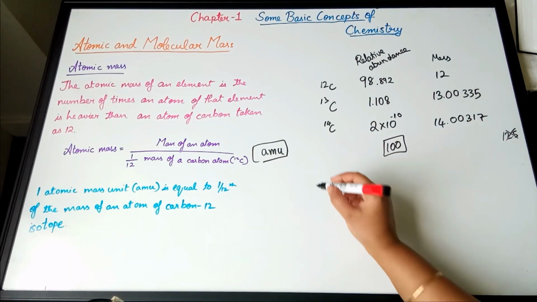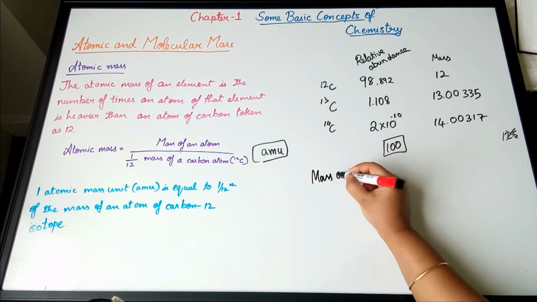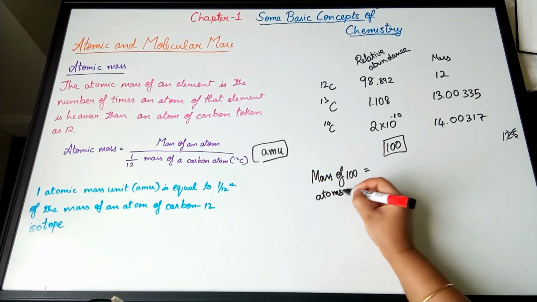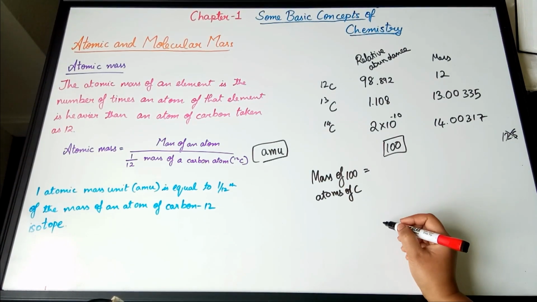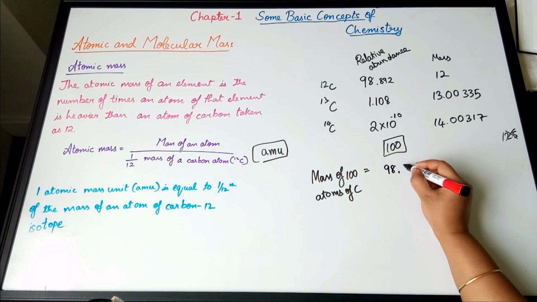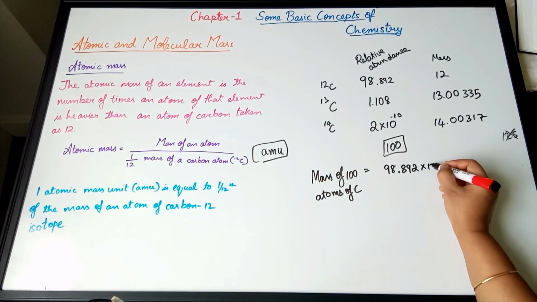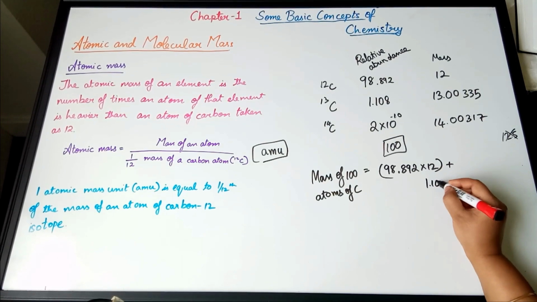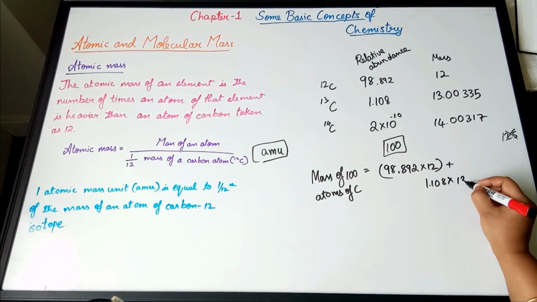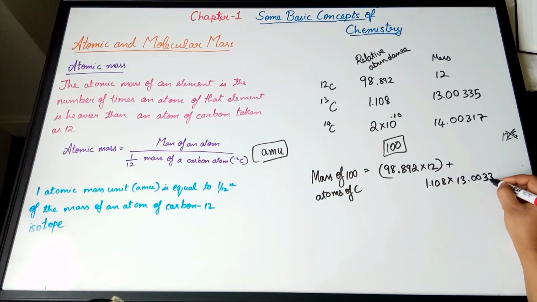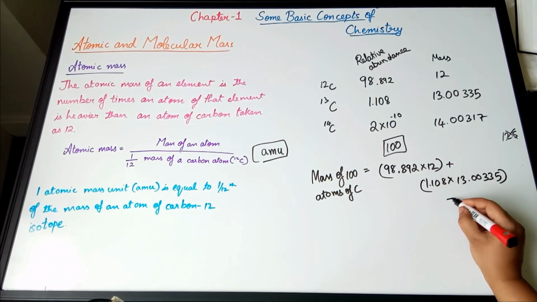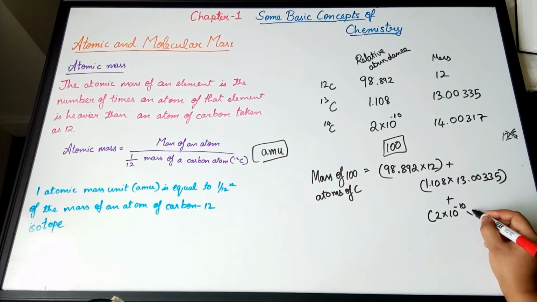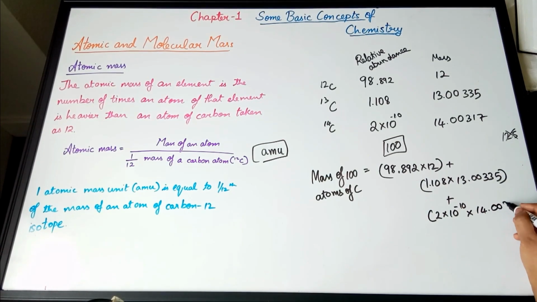Now, the mass of 100 atoms of carbon will be equal to 98.892 into 12 plus 1.108 into 13.00335 plus 2 into 10 to the power minus 10 into 14.00317.